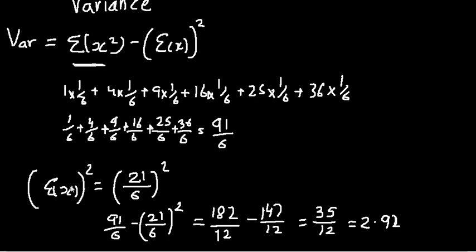That's how we calculate it. You first square every x term, multiply that by its probability, get the sum of that, and then get the squared value of our expectation value, and subtract that from this value here, and then you get your variance, which is this.